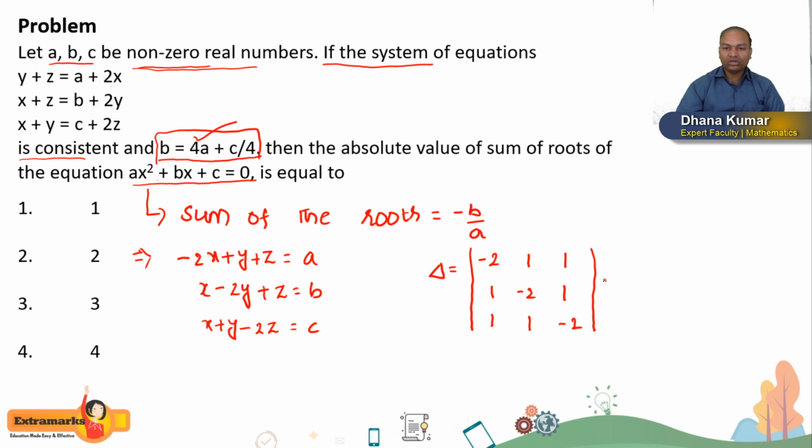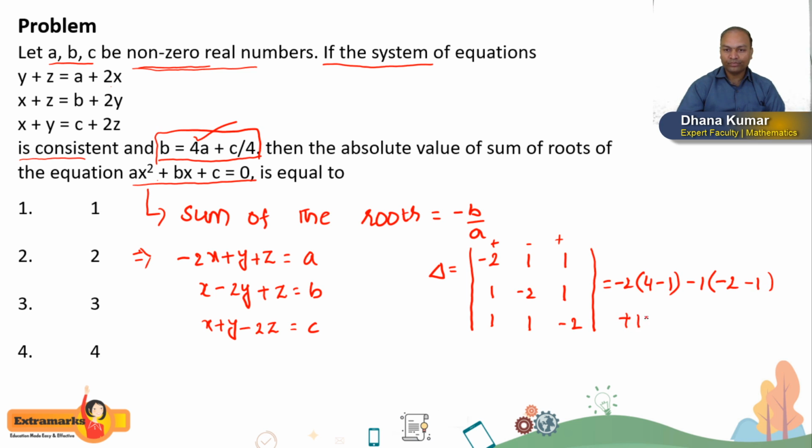So that is equal to what? Determinant general procedure, symbols plus, minus, plus. Minus 2 into, neglect this row and this column, then remaining: minus 2 into minus 2 plus 4, minus 1 into 1, 1. Next, minus 1 into, neglect this row and column: 1 into minus 2, minus 2; 1 into 1, 1.